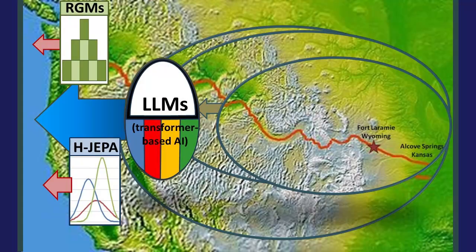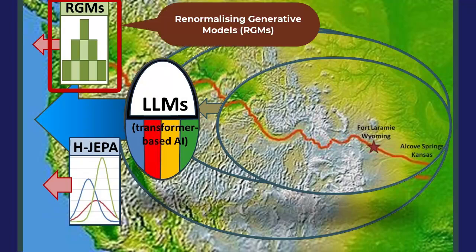There are 4 major players in the evolving AGI landscape. Major players, I'm not saying there aren't any others. And these are, and I'm going to go sort of top to bottom, not in order of predominance. At the top you're seeing RGMs, that's Renormalising Generative Models, developed by Friston and colleagues out of Verses.ai.